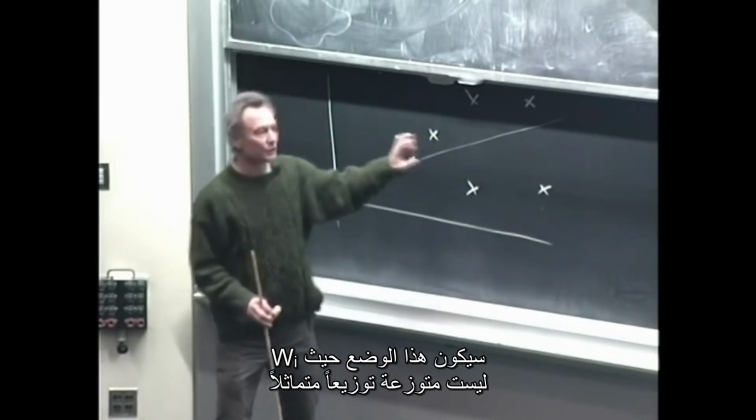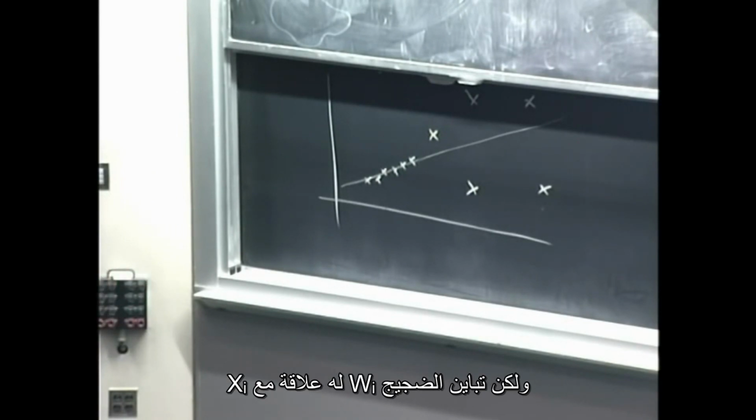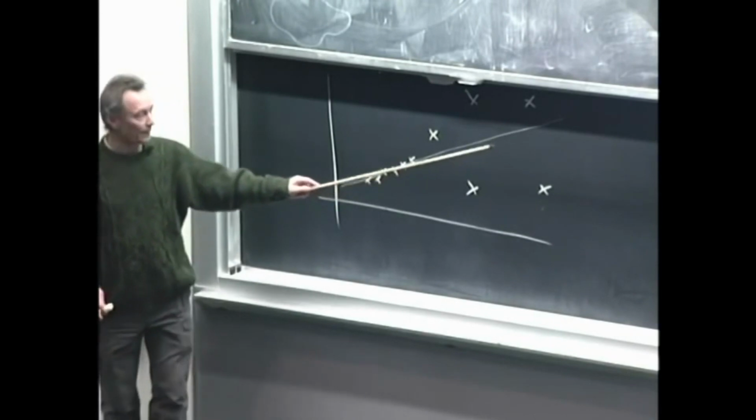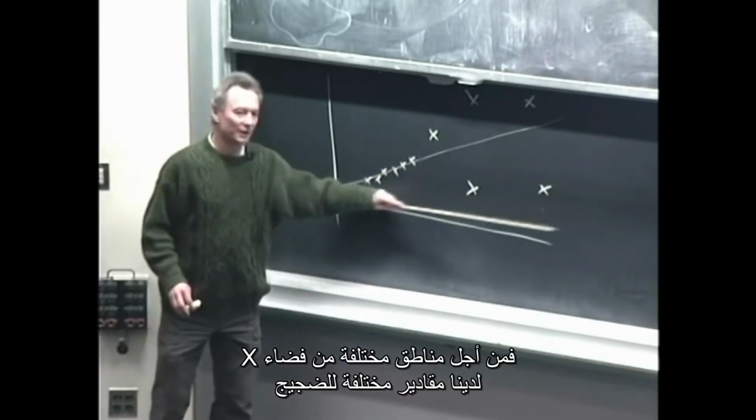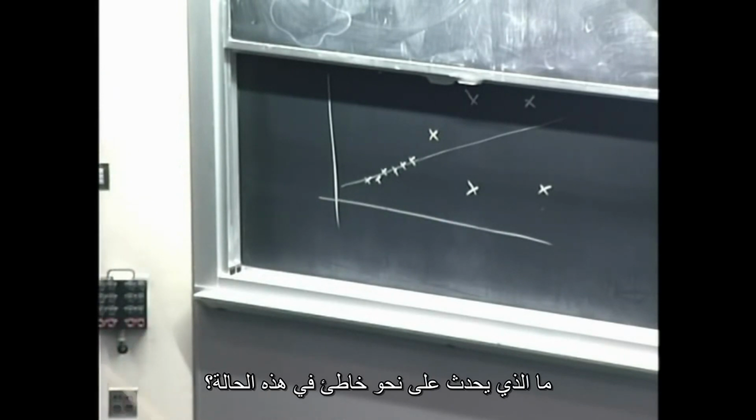This would be a situation in which the w's are not identically distributed, but the variance of the w's, of the noise, has something to do with the x's. So for different regions of our x space, we have different amounts of noise. What will go wrong in this situation?